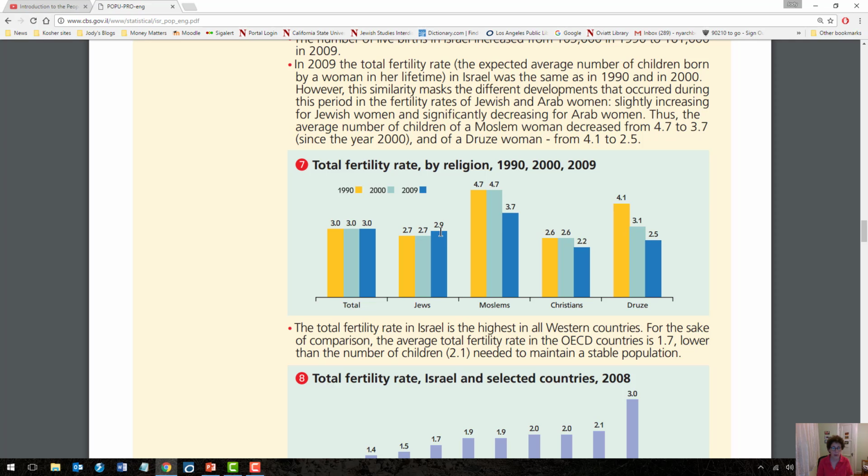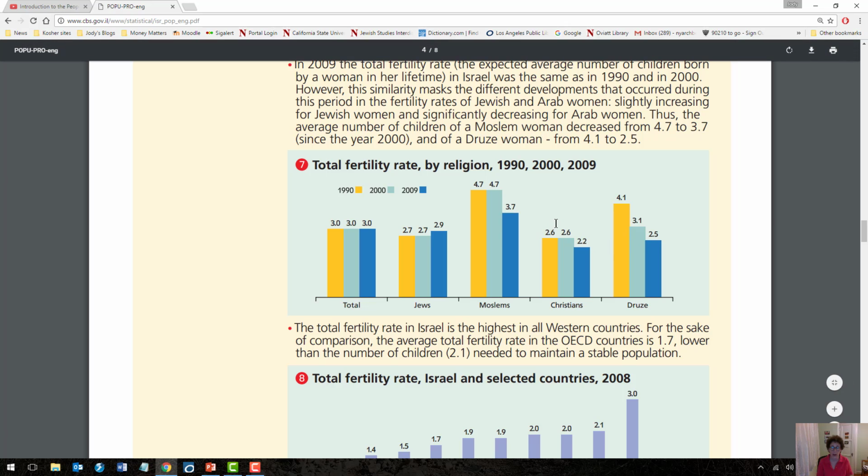And we know that's because the ultra-Orthodox, the Haredi, are having many, many babies per family. And Muslims are the highest, 4.7, but it's dropping. Same thing with Christians, 2.6, slightly less than the Muslims, and dropping. Same thing with Druze, almost as high as Muslims and dropping.